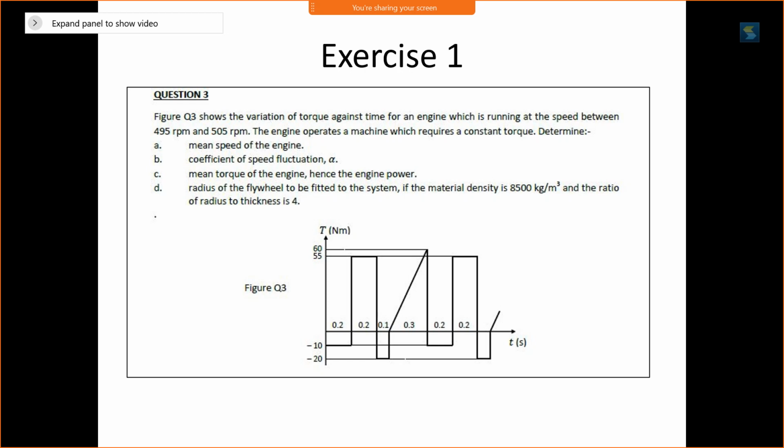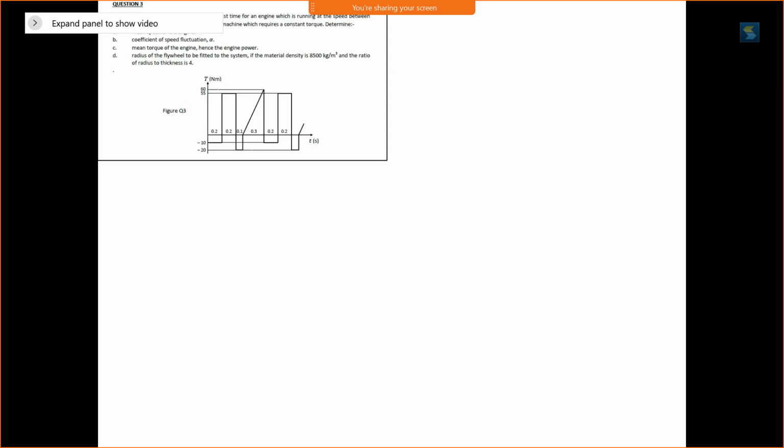We can go directly to conservation of energy to get it, or we can get the mean speed first. So what is our mean speed of the engine, which is omega mean?